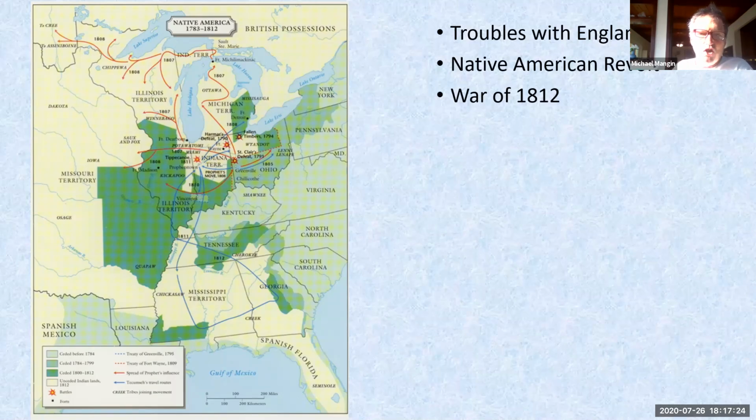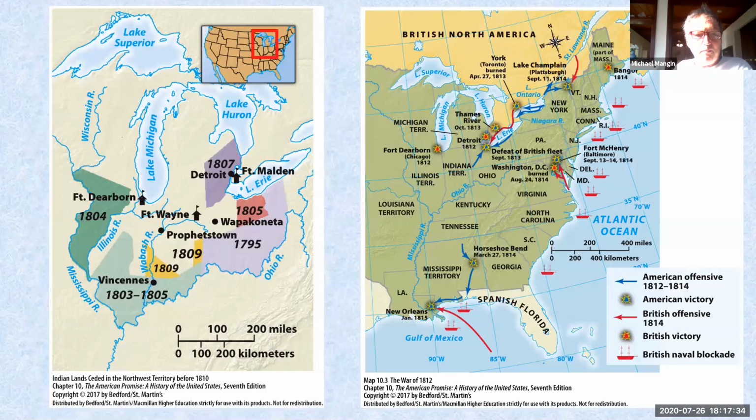And so this huge victory for Andrew Jackson led to a great deal of notoriety being impressed upon him. This shows the Indian Wars and the battles of the War of 1812.